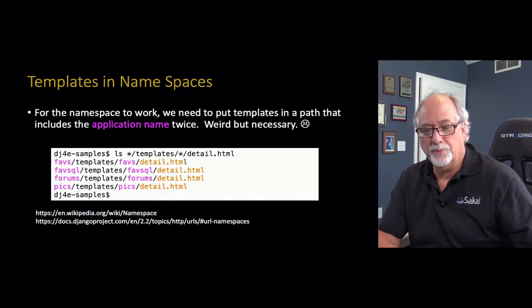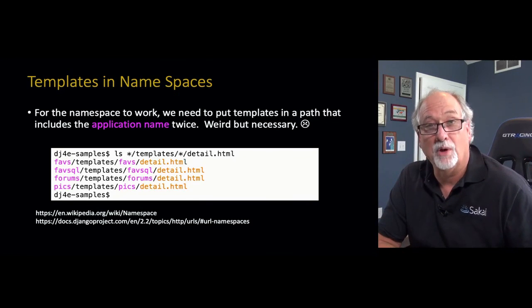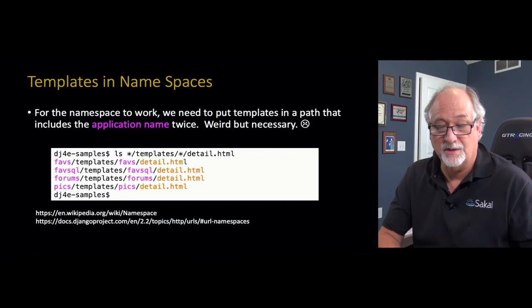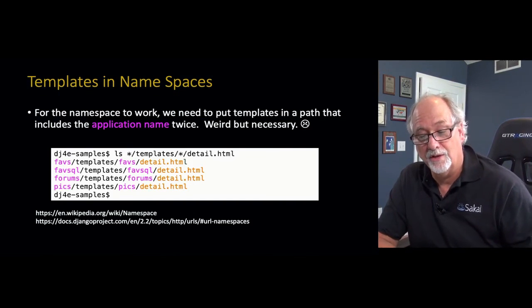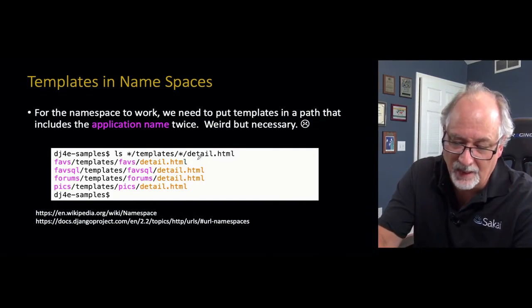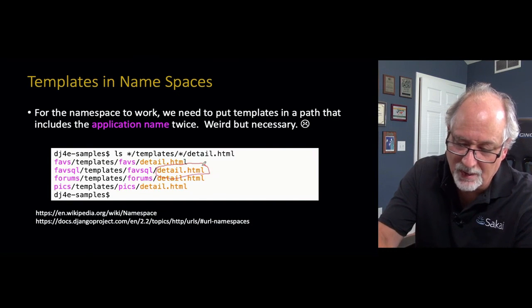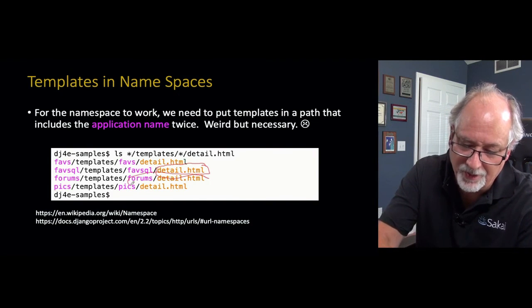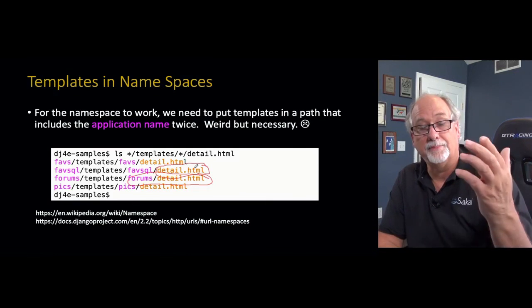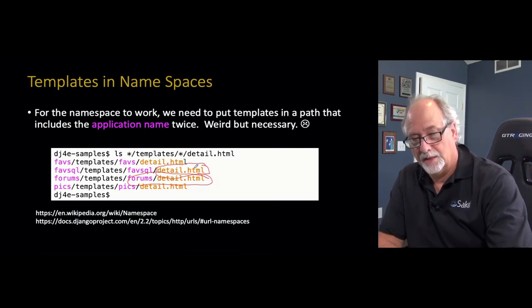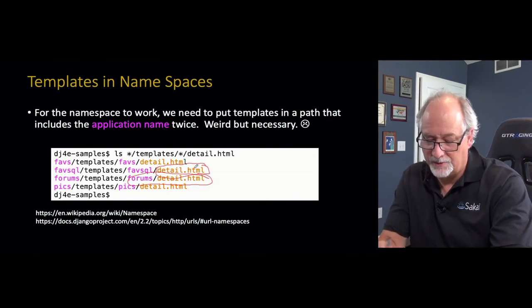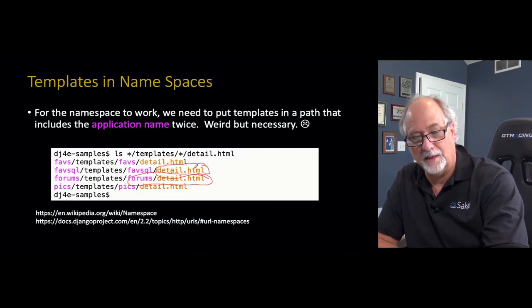And so we put these paths that include the application name twice. It's weird, but it is necessary to do this because of the notion that all these template names are global across the entire project. But if we call the template name with the name of the application prefixed, away it goes. Django could have made that a little easier for us, but they basically didn't, and so we have to do that.